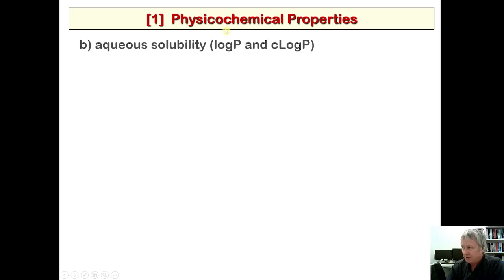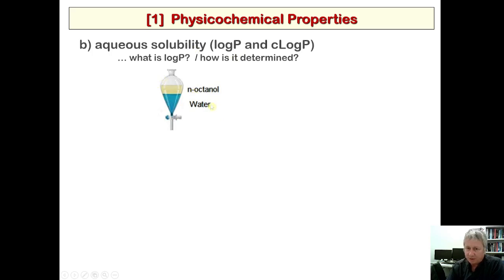So there's two measures of aqueous solubility: log P and C log P. There's many more, but these are the ones we're going to talk about. So what's log P? How's it determined? This is a classical technique. It's a partition coefficient, and you can imagine a separatory funnel with octanol and water in it, and you allow the drug to be in this separatory funnel.